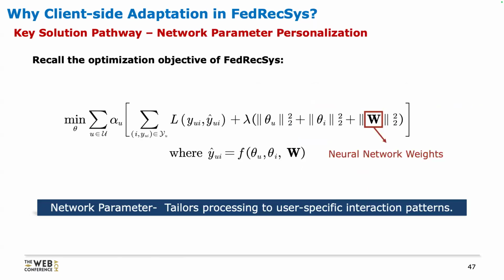So finally, we can make the model even more personal by adjusting its weights for each user. So far, personalization has come from giving every user their own embeddings, showing what they like or how they see the items. But people also behave in very different ways.